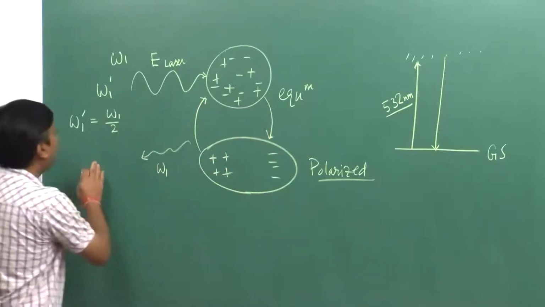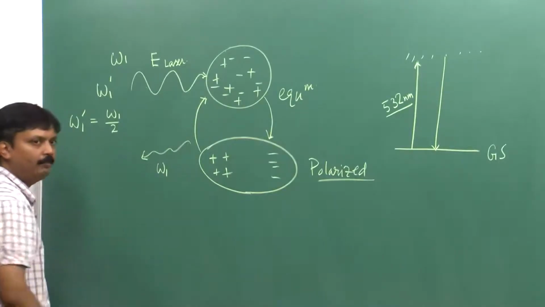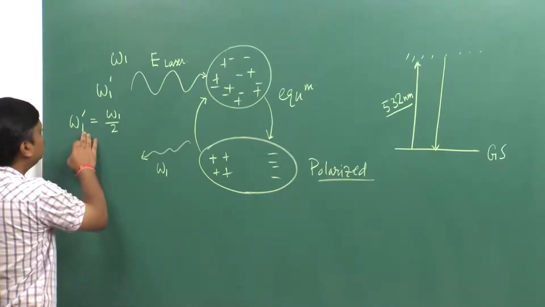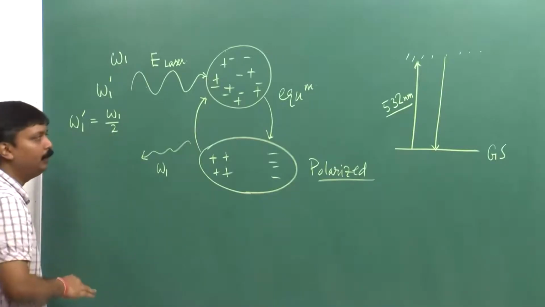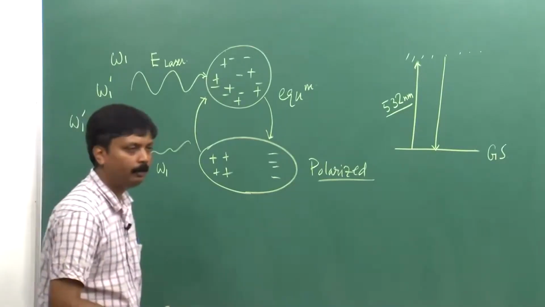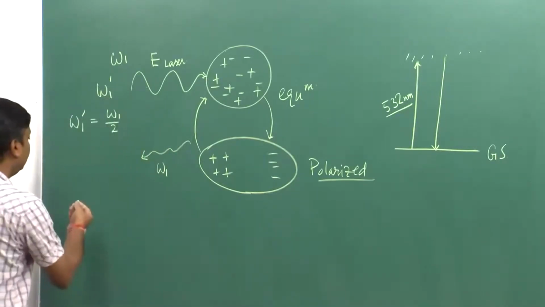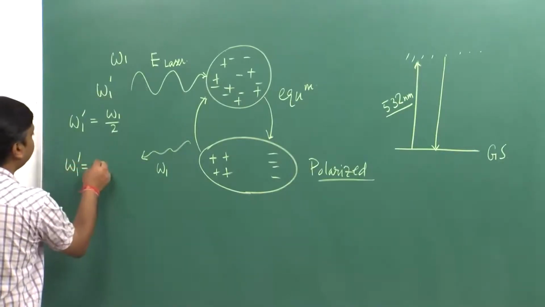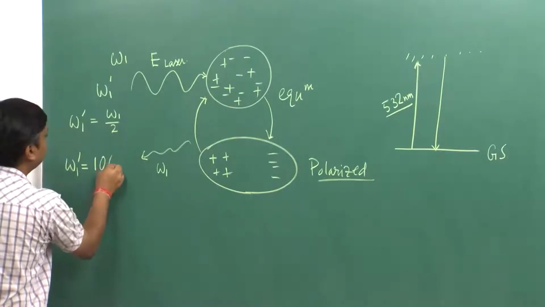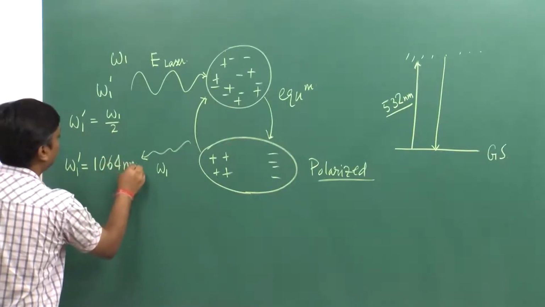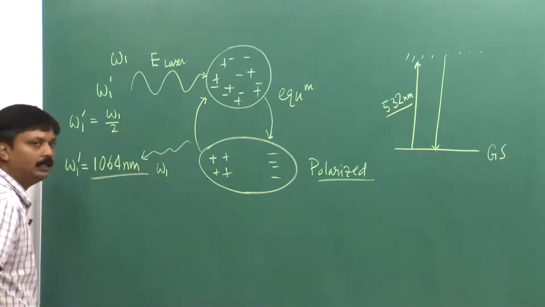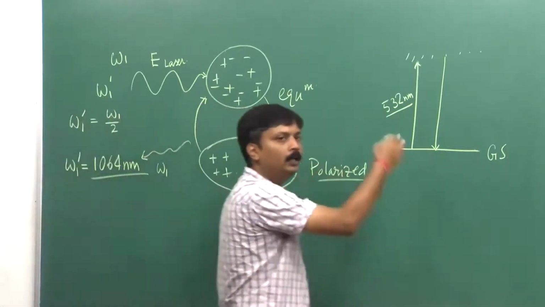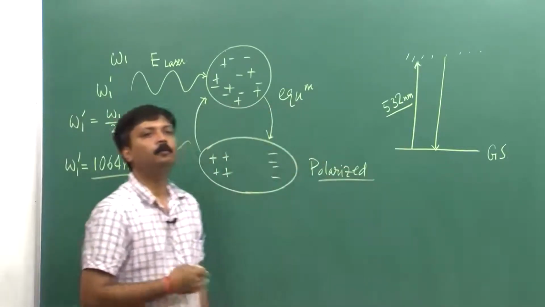Now, if I have another wavelength having half of the frequency, that means twice the wavelength, essentially omega 1 prime is 1064 nanometer. That is very easy to calculate if you know the conversion of frequency and wavelength.